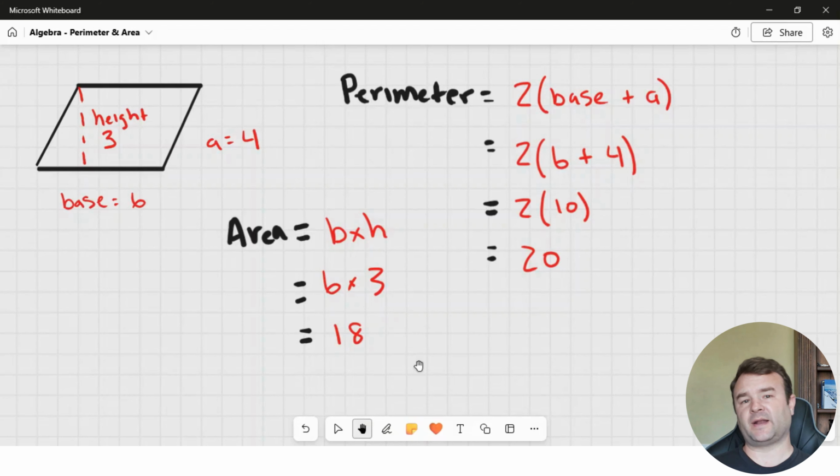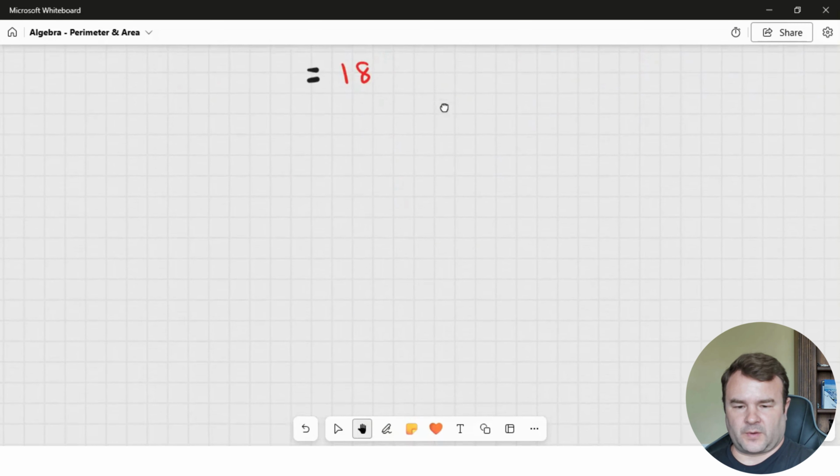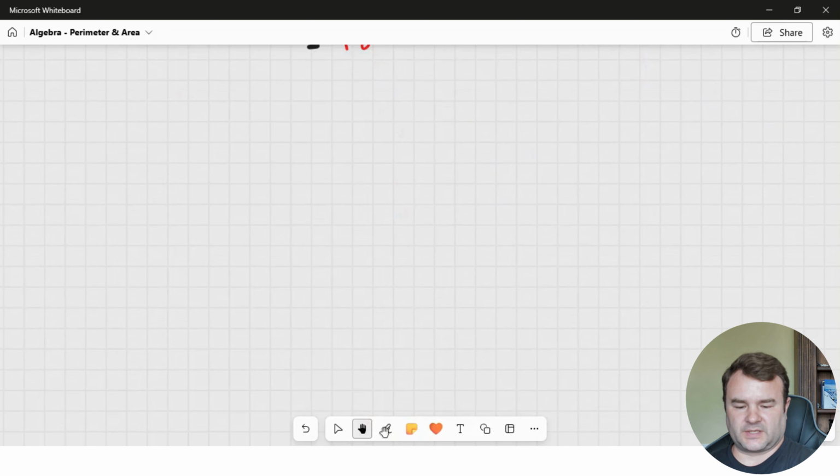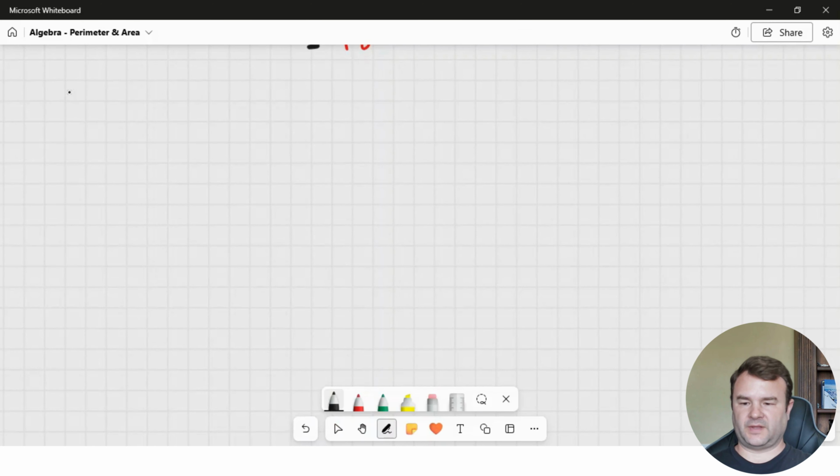Before I move on, I just want to say that these four-sided shapes or polygons are a special type of shape called a quadrilateral. Let me define this for you real quick, because I think it's important to understand all these definitions that are used. So all of these are called quadrilaterals.